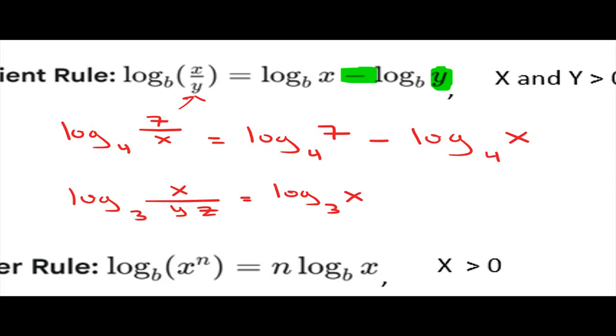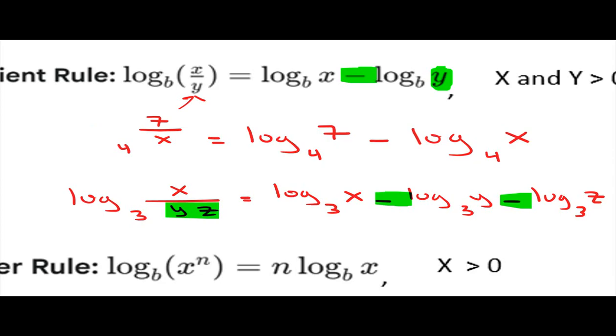This log is positive because the x is in the numerator, minus log base 3 of y, and then minus log base 3 of z. You notice these two logs are negative. These logs here are negative because the y and the z are in the denominator here. Okay? So, real easy. And if you have a natural log, it works the same way.